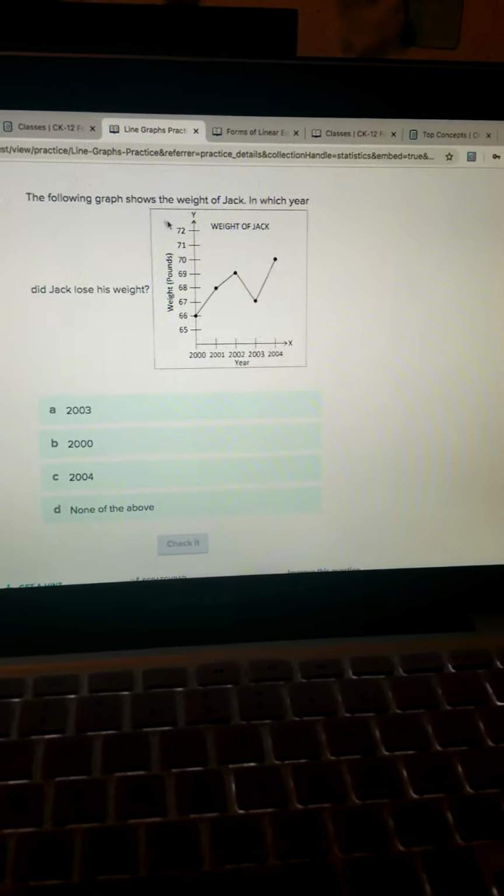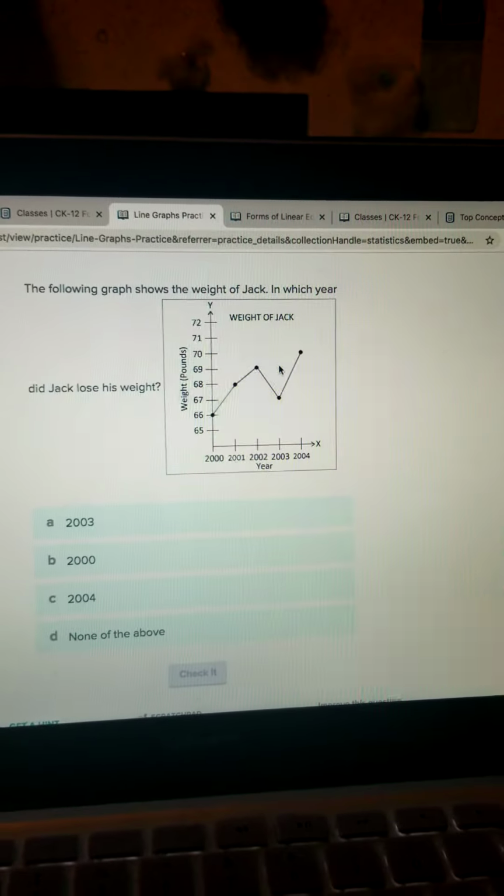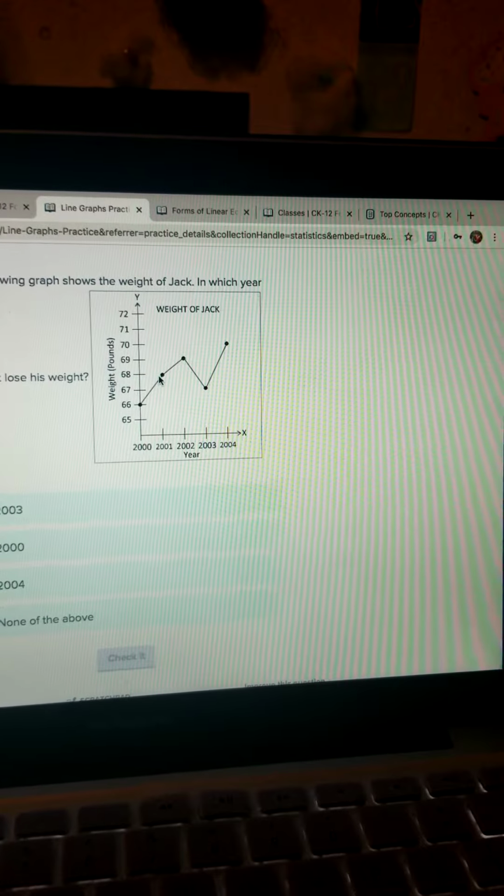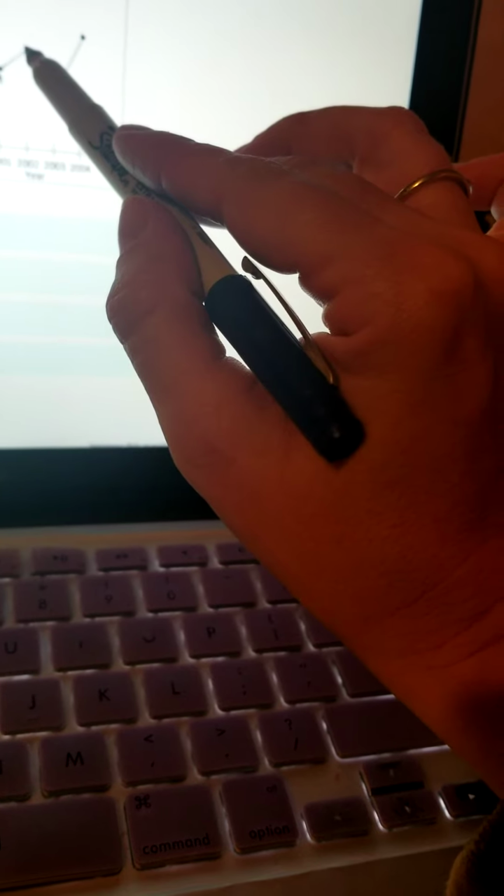The following graph shows the weight of Jack in a year. Did Jack lose weight? Let's see. 66 to 68, he was plus 2. 68 to 69, he gained 1.